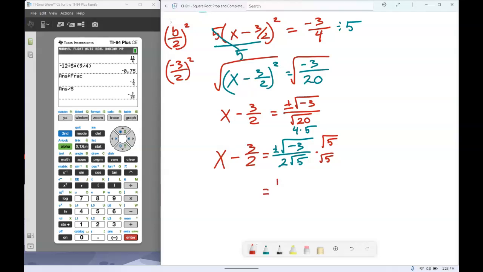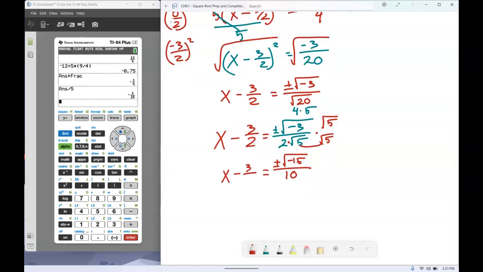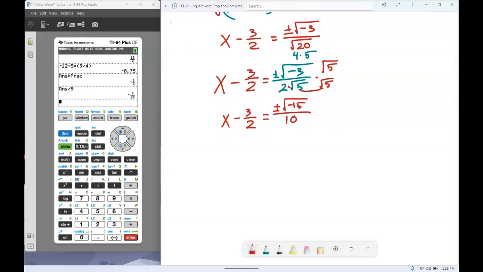So our numerator, -15. Our denominator, what's the square root of 5 times the square root of 5? Which is 5, and then times 2, 10. Okay. Now what? Good.